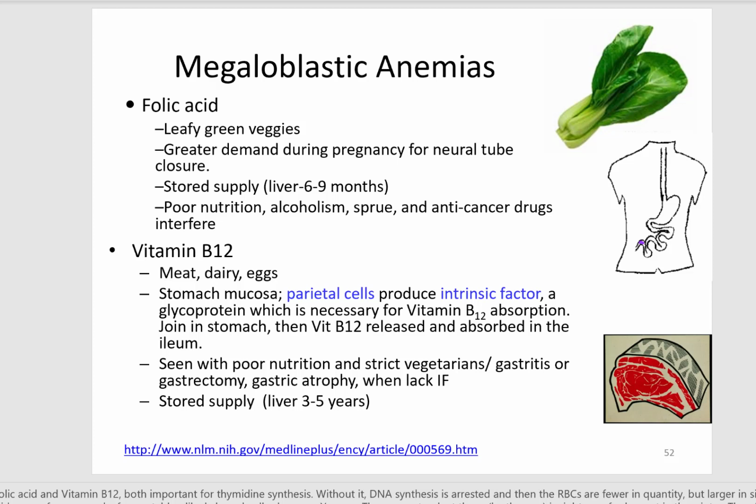There is a greater demand for both of these coenzymes when a woman is pregnant. Why? Because both of these coenzymes are necessary for thymidine synthesis. The enzyme for thymidine synthesis requires these coenzymes. Without a good concentration of these coenzymes, we cannot make enough thymidine. Without enough thymidine, we cannot replicate our DNA.